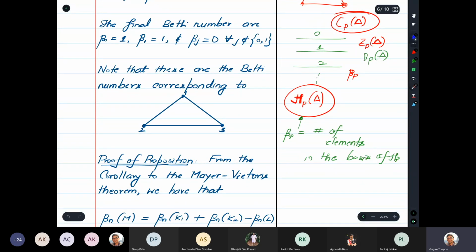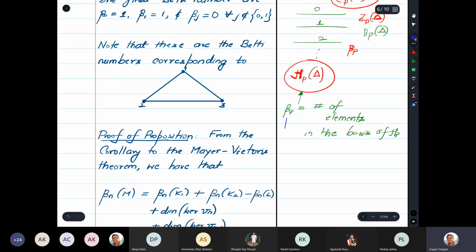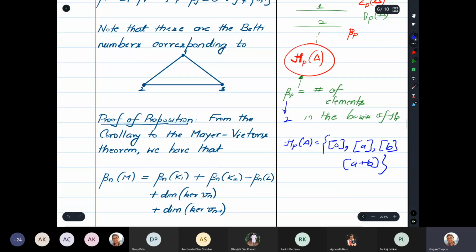So let me elaborate a bit. Let's say beta p is 2. So what does this mean? This means that H_p of delta must be of the form something like this, with elements like a plus b and so on, right? I hope you agree that if beta p is 2, then H_p of delta should have 4 elements. Why am I saying 4 elements? Because this is a vector space of dimension 2, so it should have 4 elements.